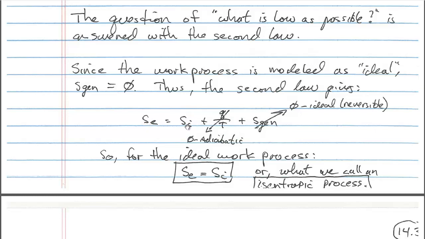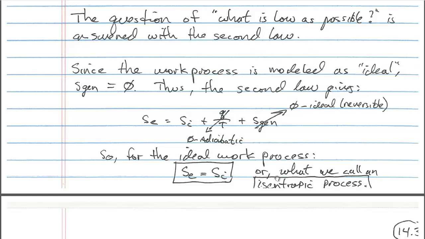In other words, we've not added any disorder or any chaos, if you will, to the energy that flows through the system. So for this ideal work process, the exit entropy is equal to the inlet entropy.